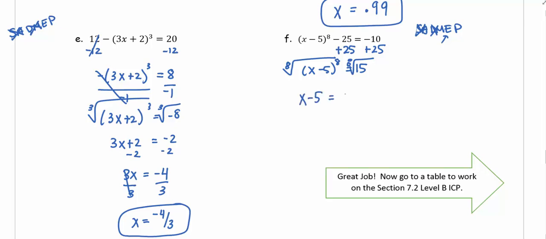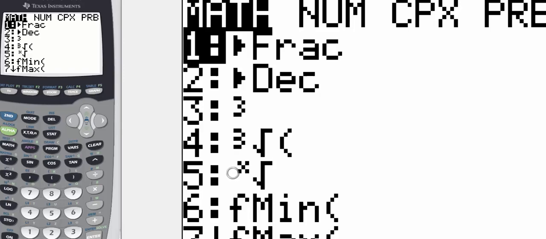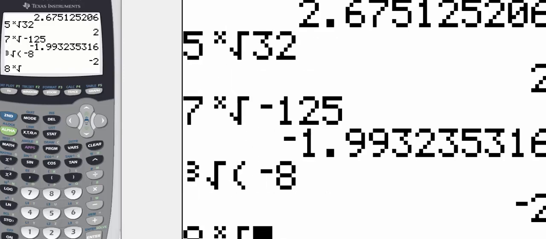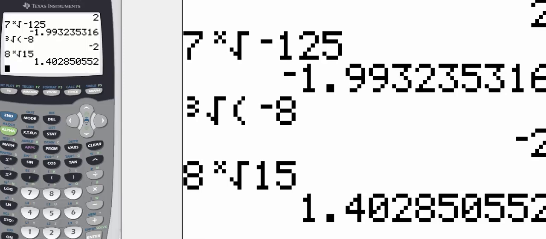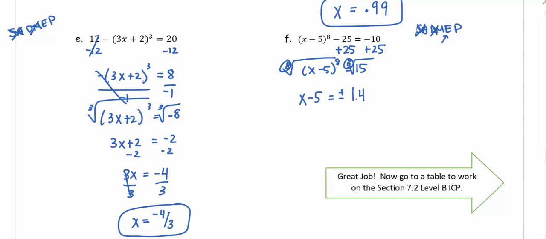So x minus 5 equals, I hope you didn't forget about that plus or minus. 8 is an even number, so anytime it's an even root, you need that plus or minus. And then let's take the 8th root of 15. So 8, you hit the math button, option number 5, of 15, you get 1.4. So plus or minus 1.4.